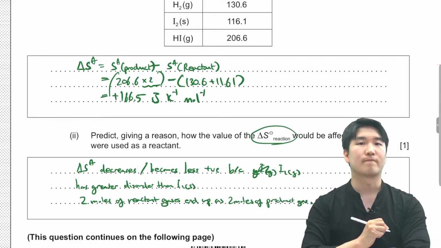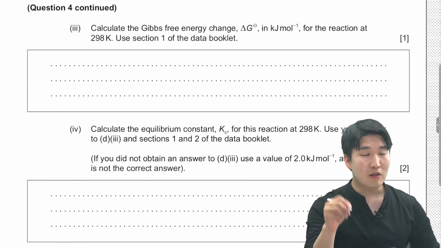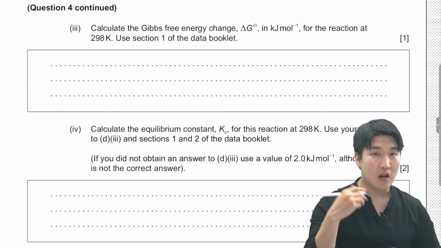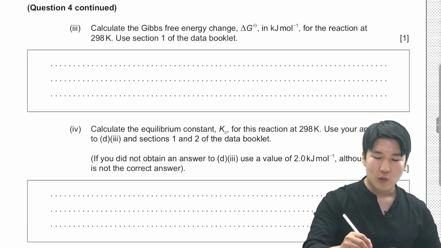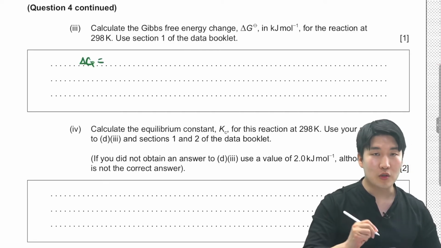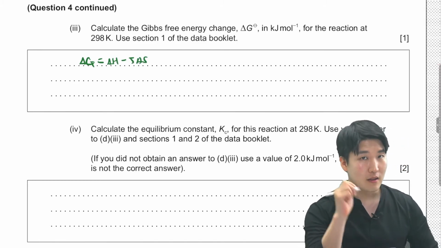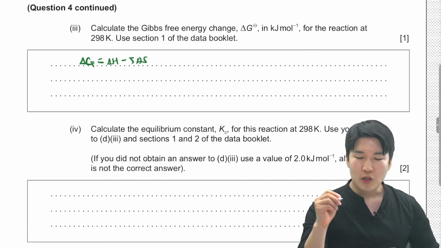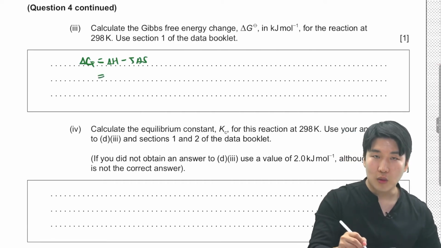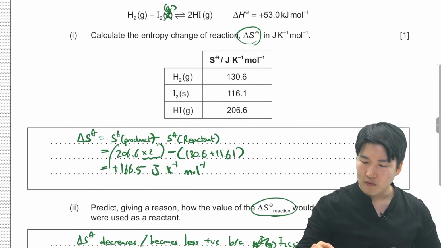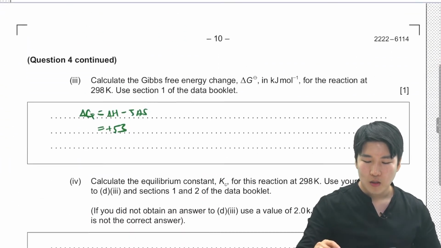There we go. The delta G calculation question that I have predicted. What is the equation that we need to use for delta H, delta S usage? Delta H minus T delta S equals delta G. We already know the value for delta H to be plus 53, was it? I believe the value was 53.